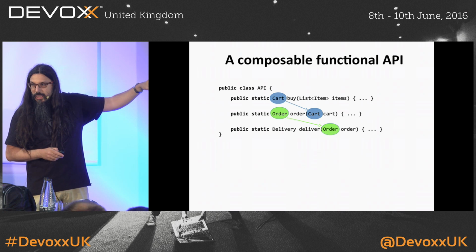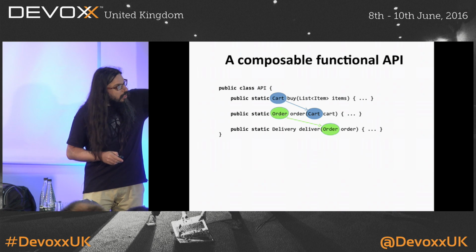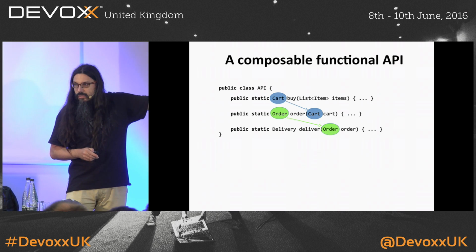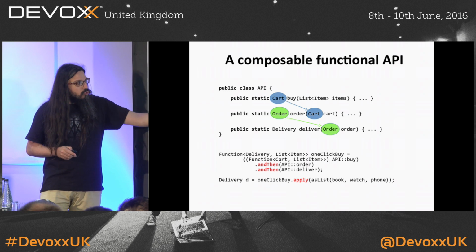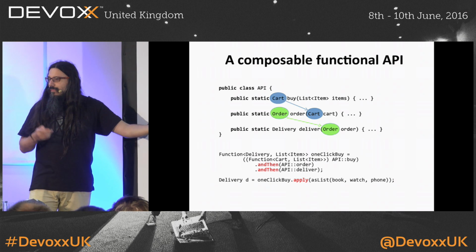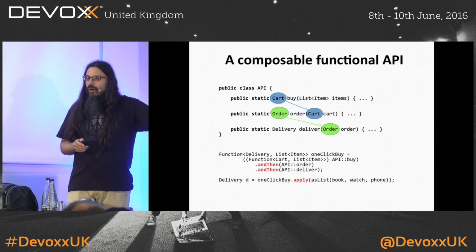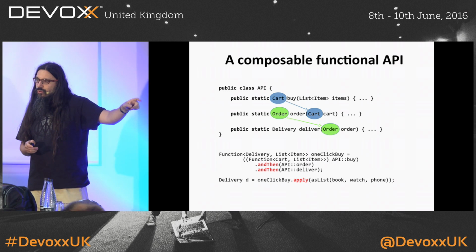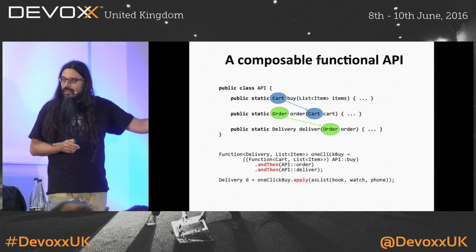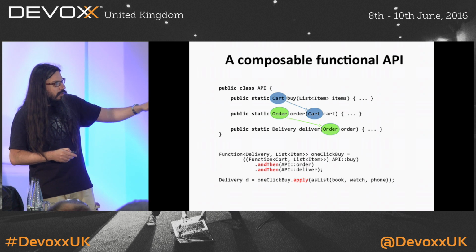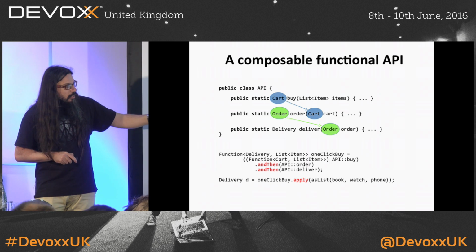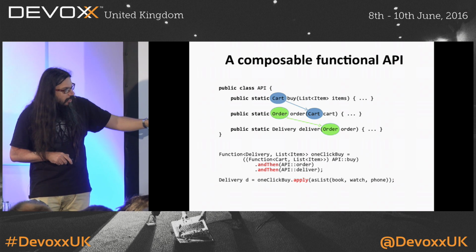So once again, you have three sub-stories, and the full story is, let's say, the one-click buy function of the Amazon website, if you know it. Because you have the one-click buy that does buy, order, and deliver.